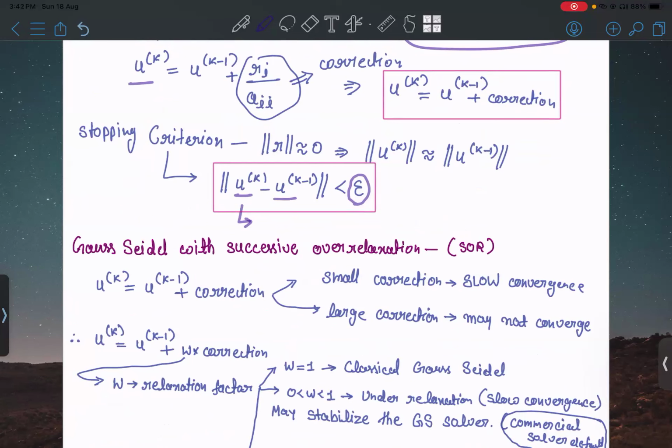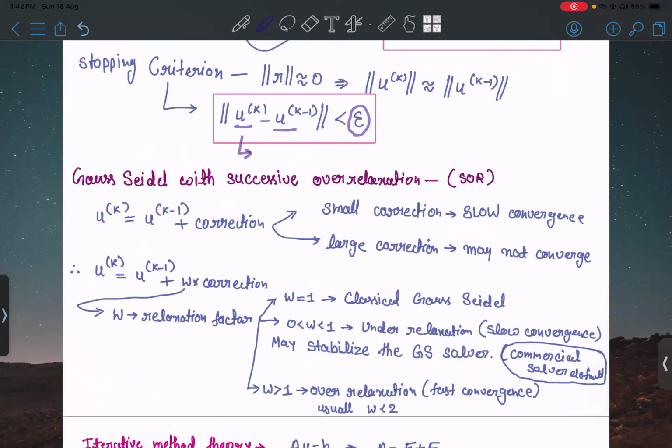Okay, so we'll move further. In Gauss-Seidel method, now you see Gauss-Seidel method with successive over relaxation. Here what we are trying to do is find the value at the kth iteration as the k minus 1th iteration value plus some correction.